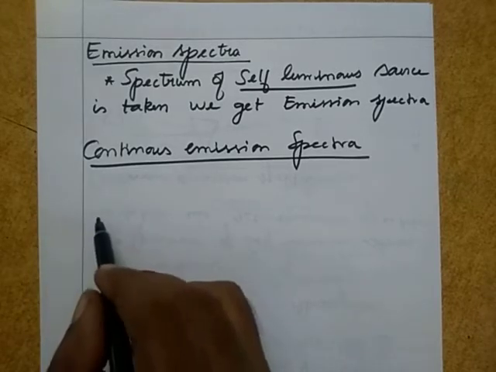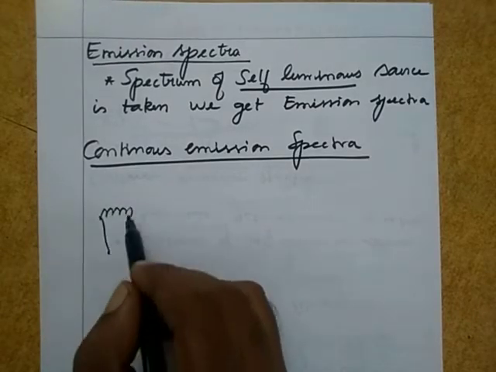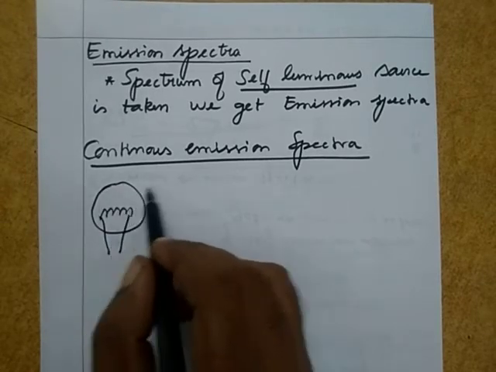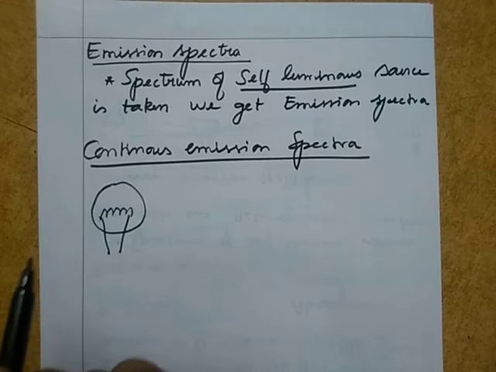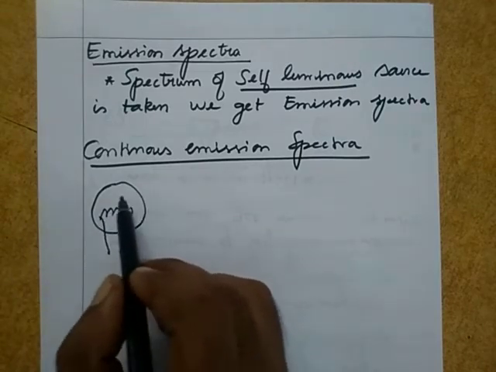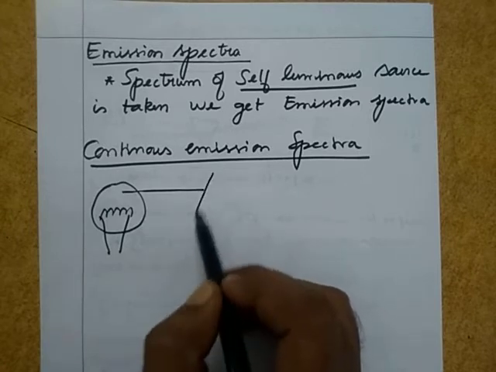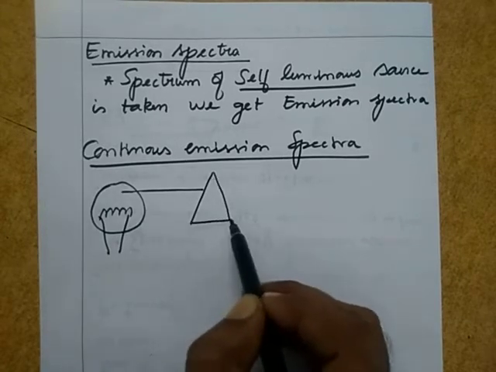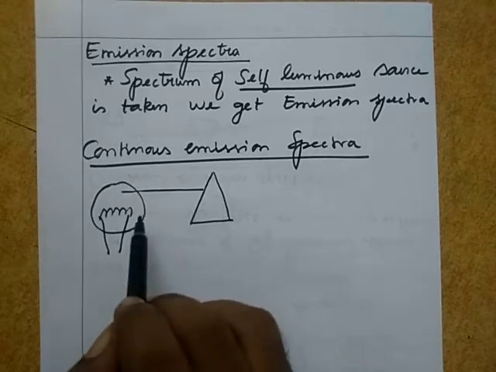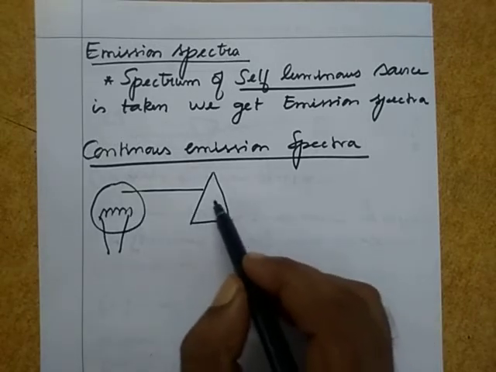Suppose there is a tungsten filament. If I heat the tungsten filament, it will glow, and this is known as incandescence. The light from the incandescent lamp is allowed to pass through a prism. Then it will split the white light into 7 colors.